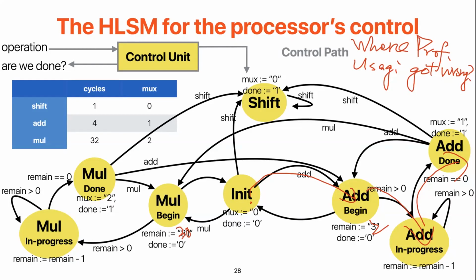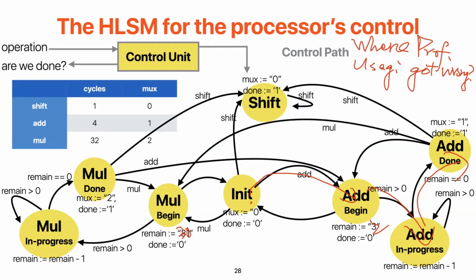What I think is after each operation, we have the option to go on. For example, when we are done with multiplication, we have the option to go to add or shift. What are we going to do after we are done with shift?